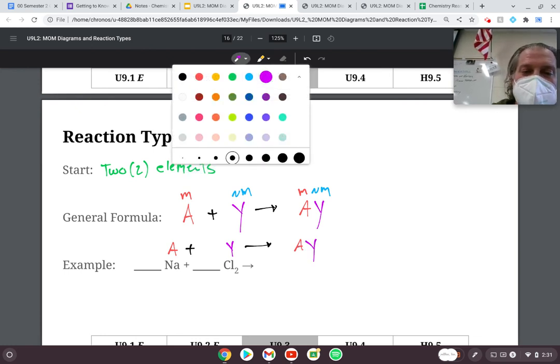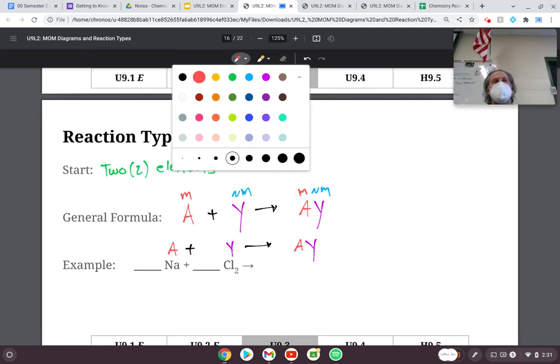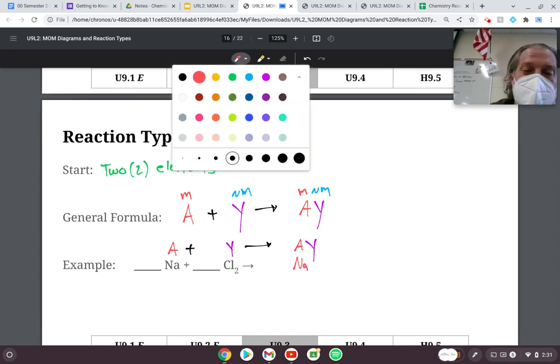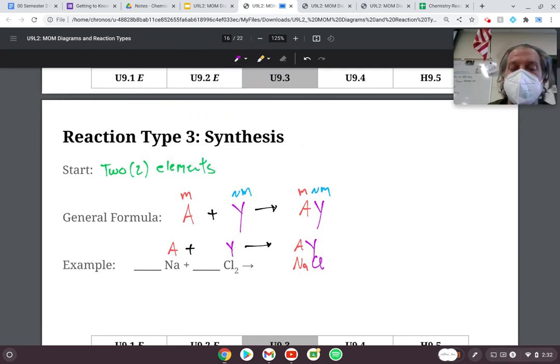Now I'm going to match things up. So on the reactant side, I have a sodium and Na under the A. On the product side, I'm going to match them up. And on the reactant side, I have a Cl under the Y. So I'm going to need to make sure I have a Cl under the Y over here.